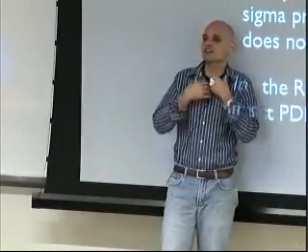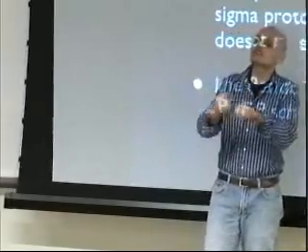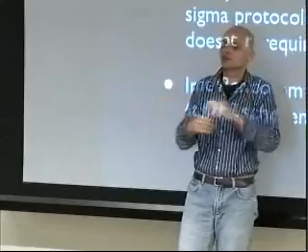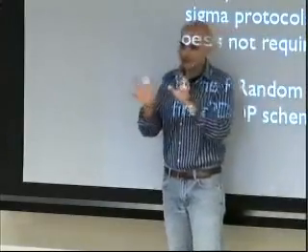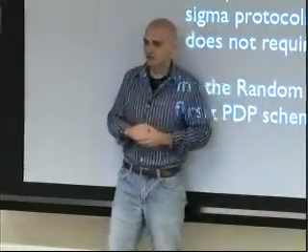Suppose my file is encoded using an error correction code first before I apply the PDP scheme on it. Then, if I want to retrieve the file, I retrieve the good blocks and recover the bad ones using the error correction code. But that's a rough equality. There are very subtle distinctions.